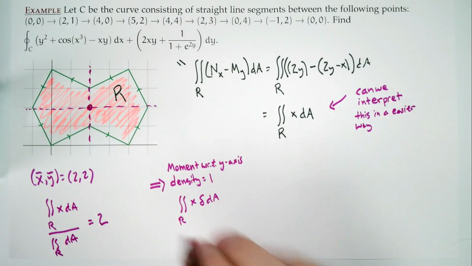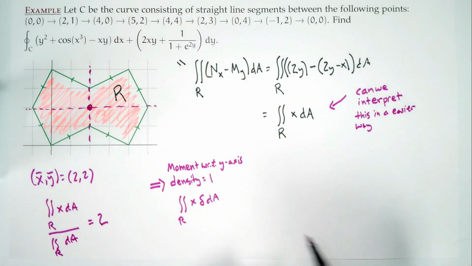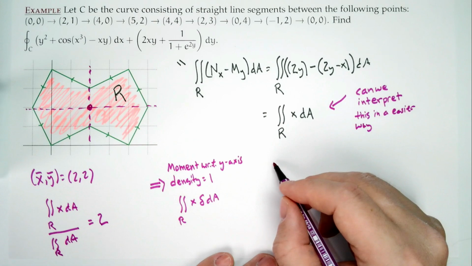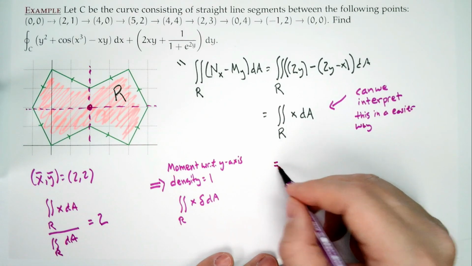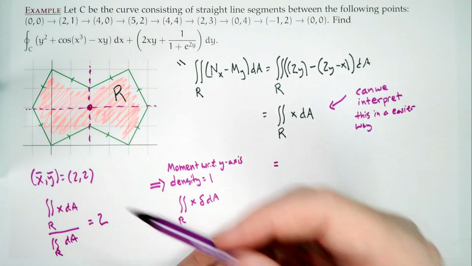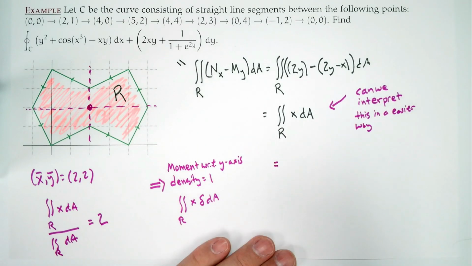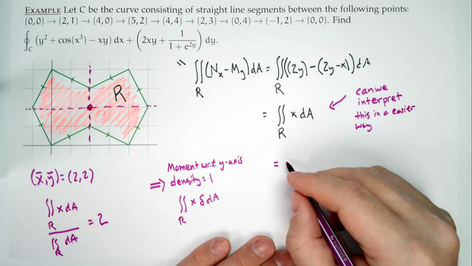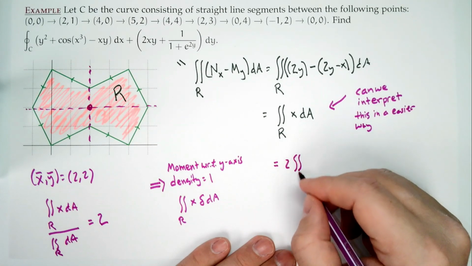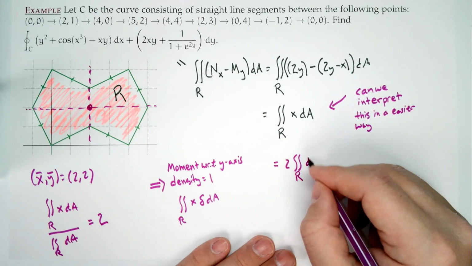So we're able to use our interpretation and say, hey, because we have a symmetrical region, because we can think of this as a moment, I can redo this as 2 times the integral over our region of dA.